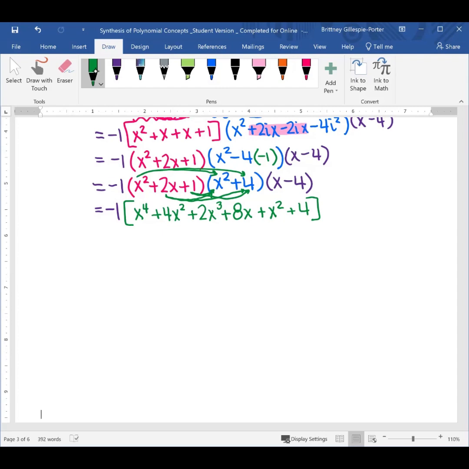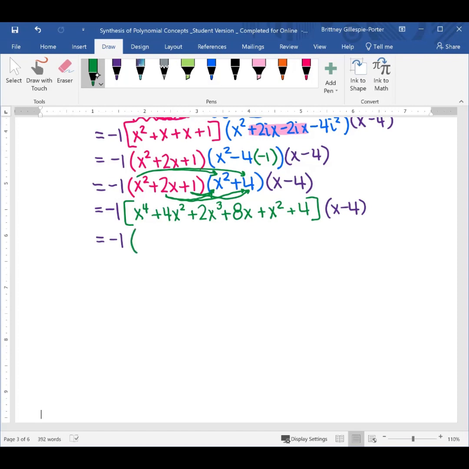We took 3 terms, which were pink, times 2 terms in the blue. 3 times 2 gets us 6. Notice I have 6 terms before combining like terms, and that is a way to double check that you haven't missed any of your multiplications.